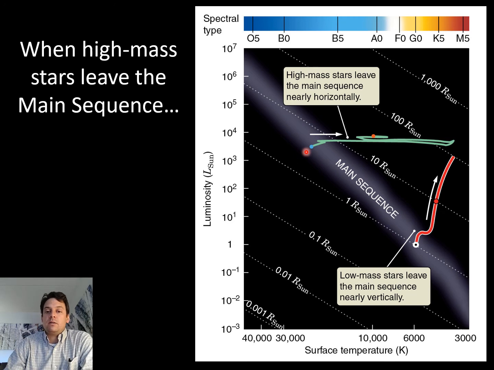because what it means is that the temperature is steadily falling. You can see higher temperatures are at the left, lower temperatures are at the right. And so this massive main sequence star is going to leave the main sequence almost horizontally to the right. So temperatures are falling, but the luminosity is staying very constant. Okay, it'll wiggle a little bit, but it's basically constant.